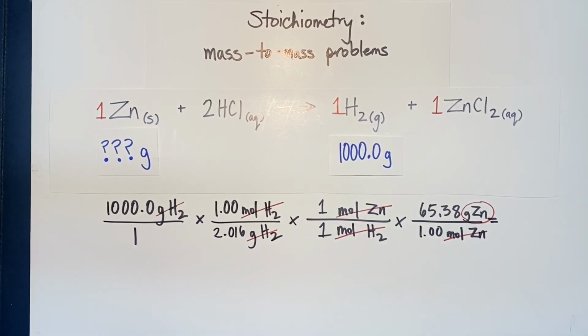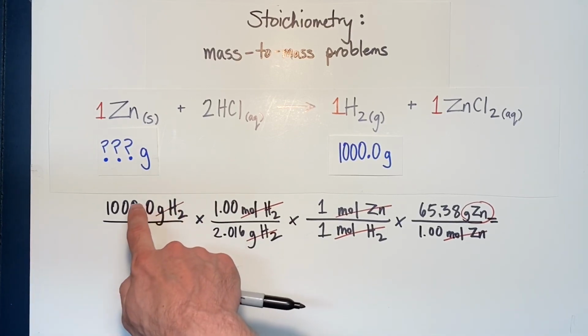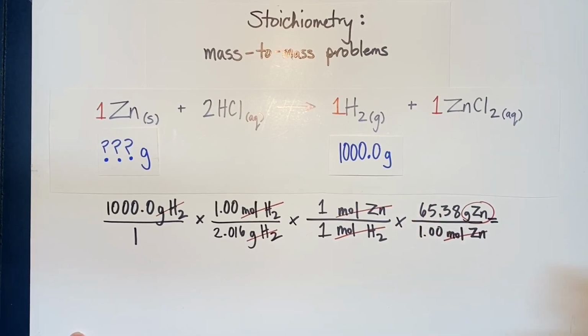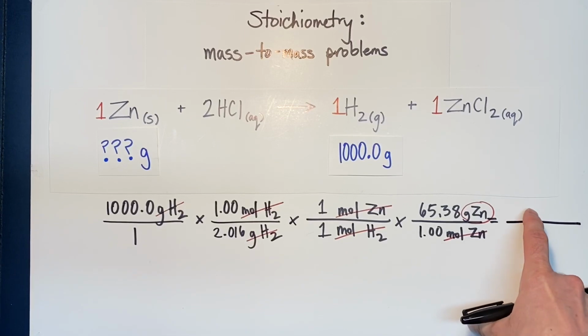So now we're going to do our calculations. Now we multiply all of the top numbers together, and we're going to write that amount right here.